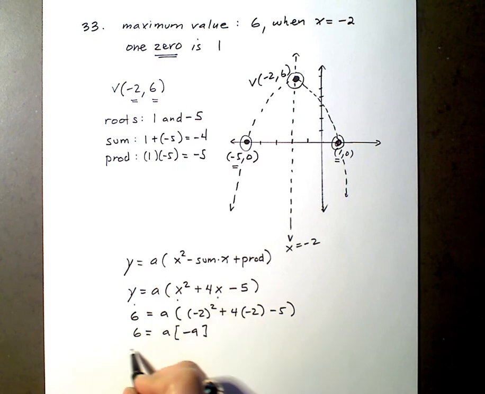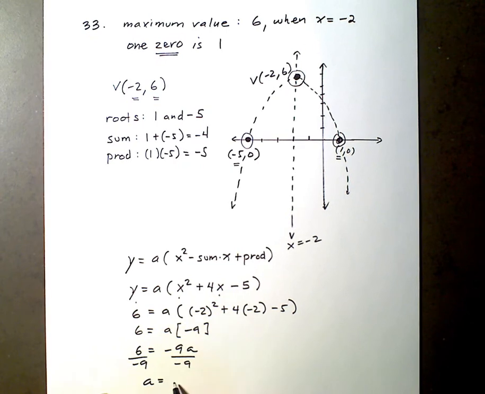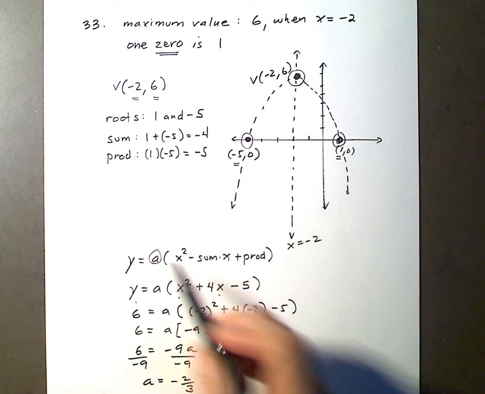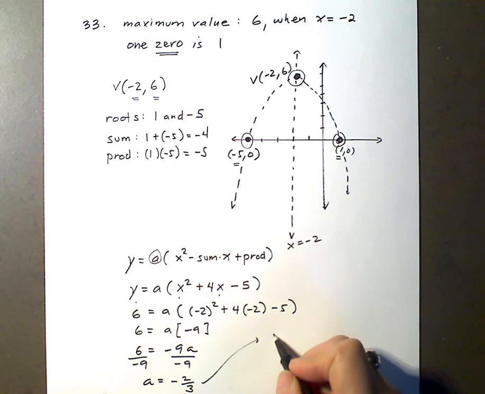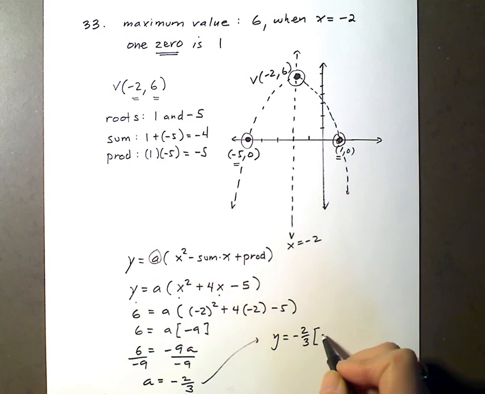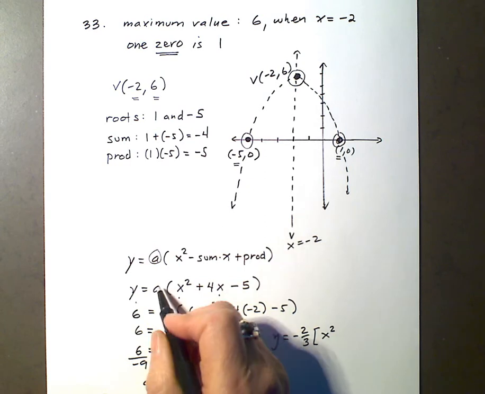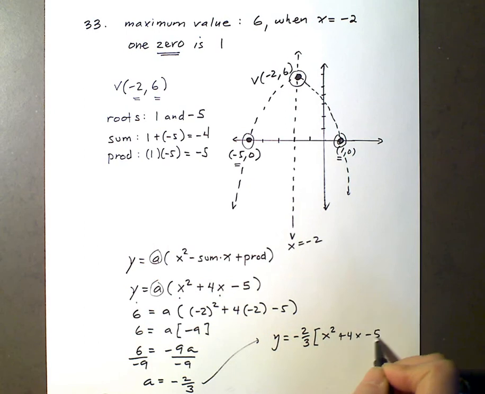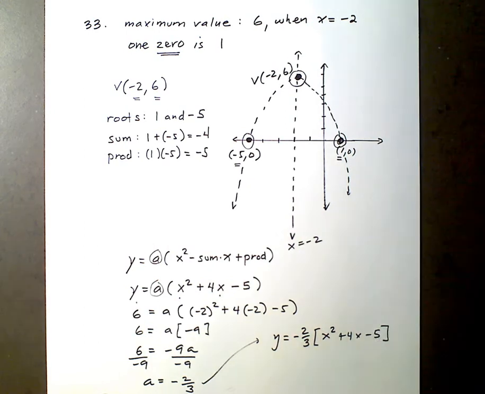So 6 equals negative 9a, and dividing through, a is equal to negative 6/9, which is negative 2/3. Now I can put that back in for a. So the equation is y equals negative 2/3 times (x squared plus 4x minus 5). And that's one form of it.